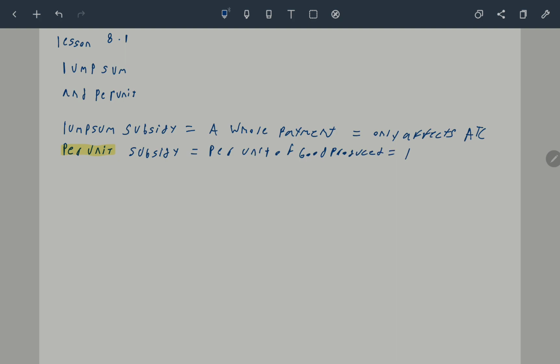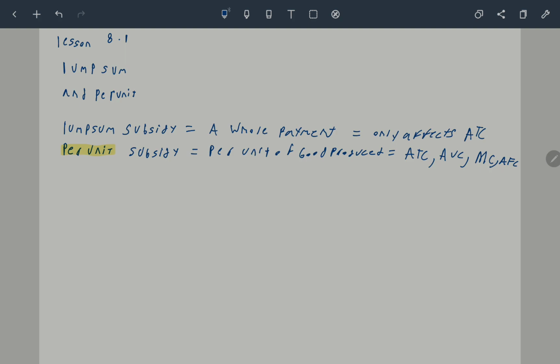This affects ATC, AVC, MC, and actually fixed cost too, because it's all the costs. So you have all of these. Basically, a per unit subsidy affects the costs, so it makes production less costly.